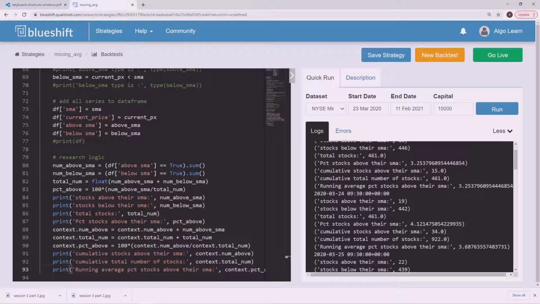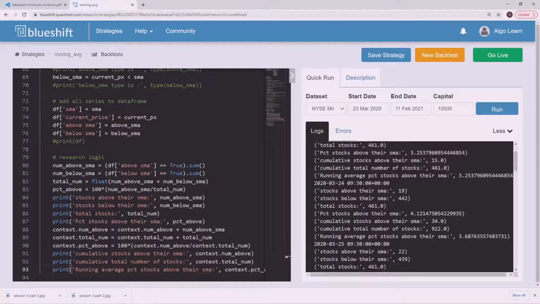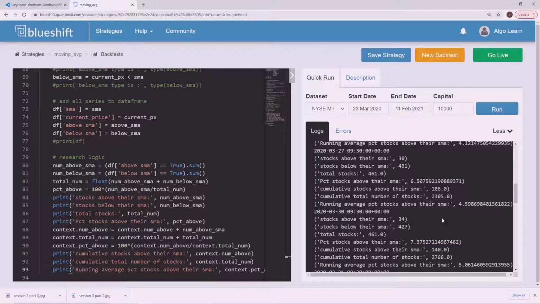The daily percentage went up to 4.12%. And so now we run our cumulative. Here's our cumulative: we have 34 cumulative that were above their SMA, 200 moving day average, and the total number of stocks, 922. And so our running average is 3.68. So anyway, you can see how we're running a cumulative total.